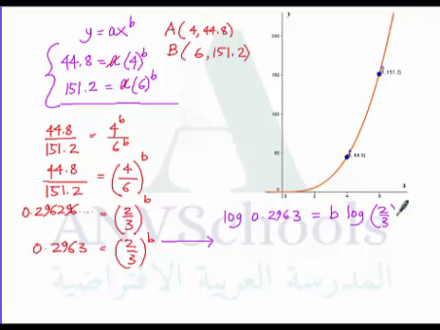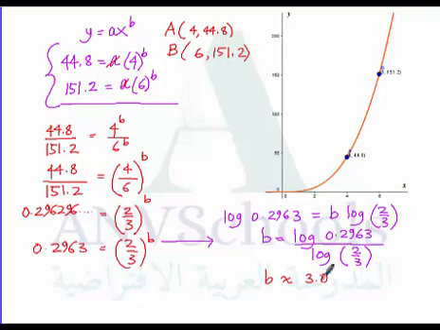And in your calculator, we could solve the value of b by just pressing on your log functions. So our b now is log 0.2963 divided by log of 2/3. And this will give a value of b, so our b is approximately 3.0.